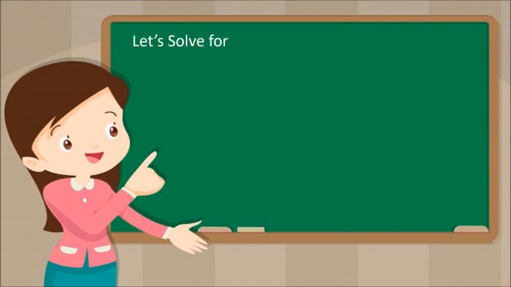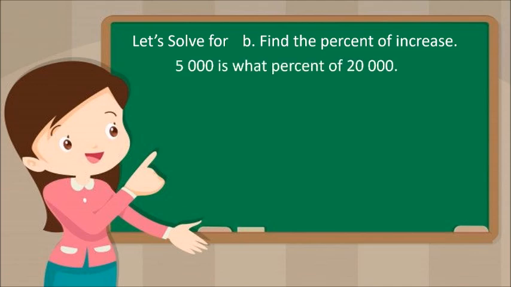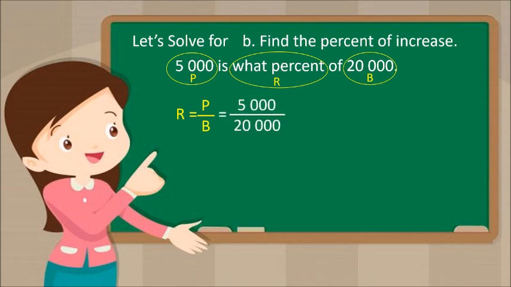Next, let's solve for the percent of increase. So 5,000 is what percent of 20,000? So 5,000 is the P, the amount of increase. What percent is the R, which is the rate or the percent. And 20,000 is the B, which is the base. So R is equal to P over B, where P is 5,000 and B is 20,000.